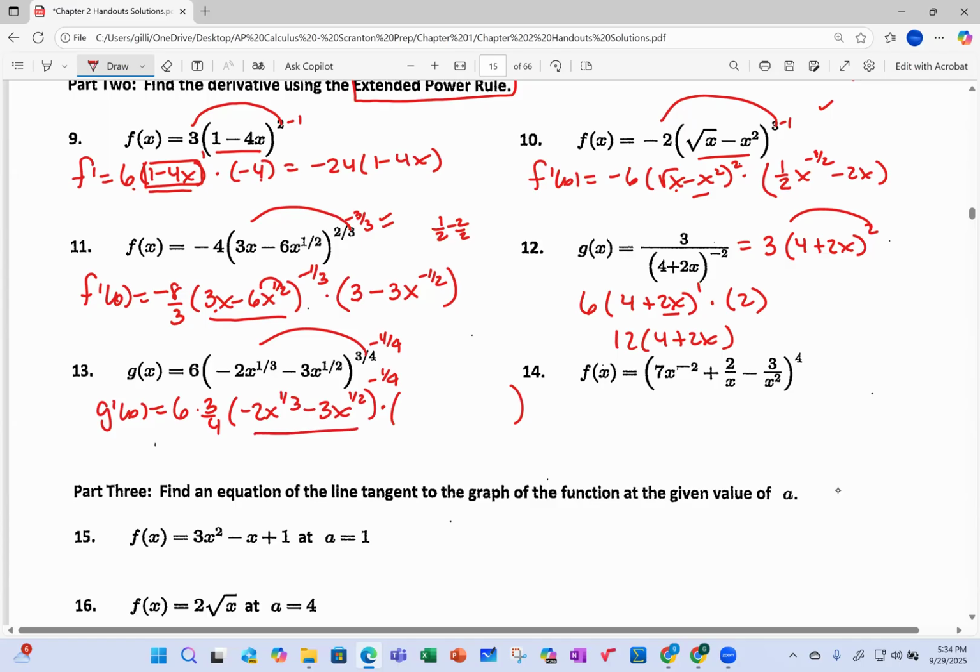It's the derivative of the inside. So -2, drop down the 1/3, repeat the x, decrease that by 1, which is -2/3, drop down the 1/2, repeat the x, and decrease 1/2 by 1, which is -1/2.